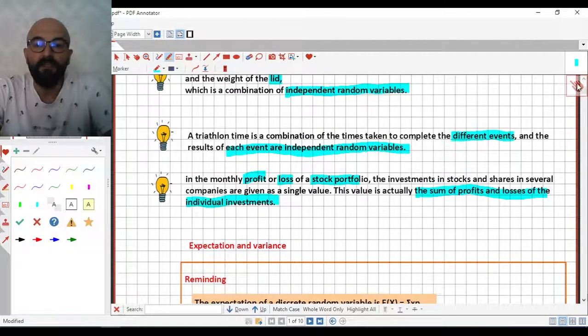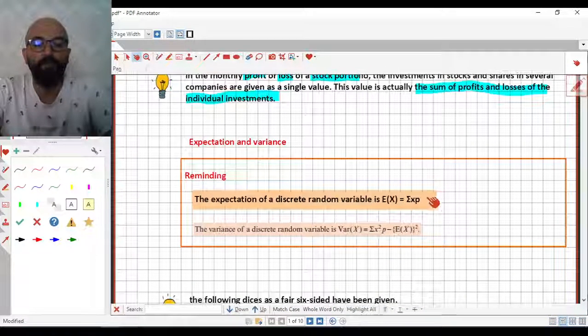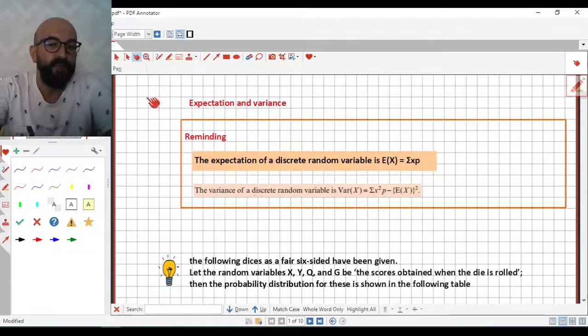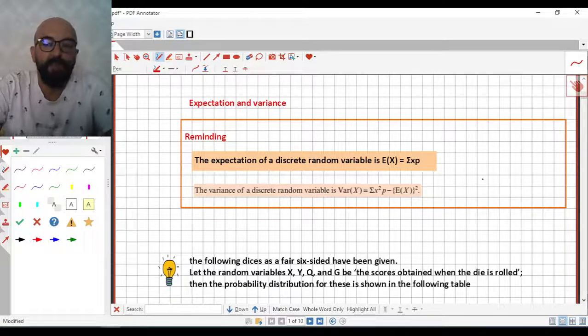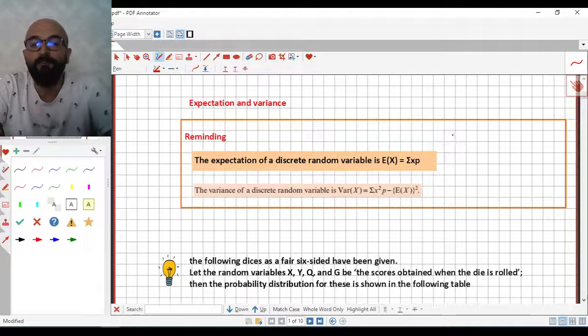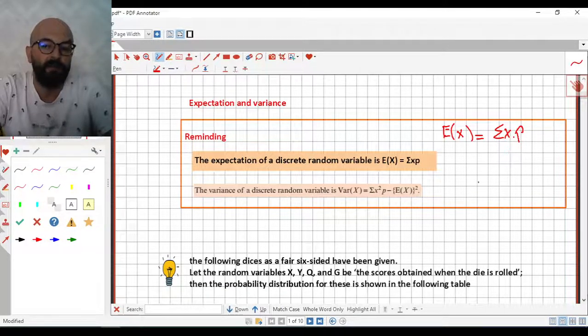Before that, I want you to remember something about the expected value and the variance. As you remember, we had worked out that the expected value is the sum of all x multiplied by probability.